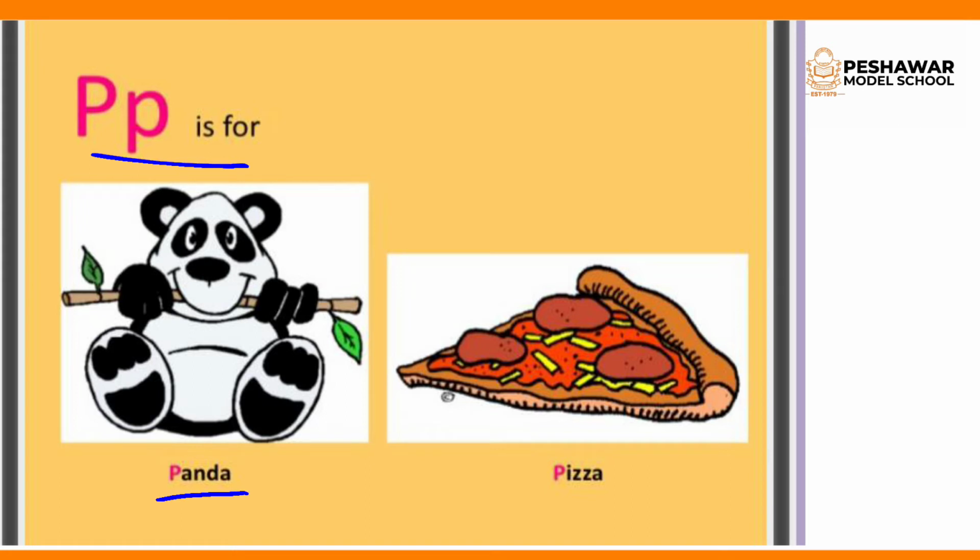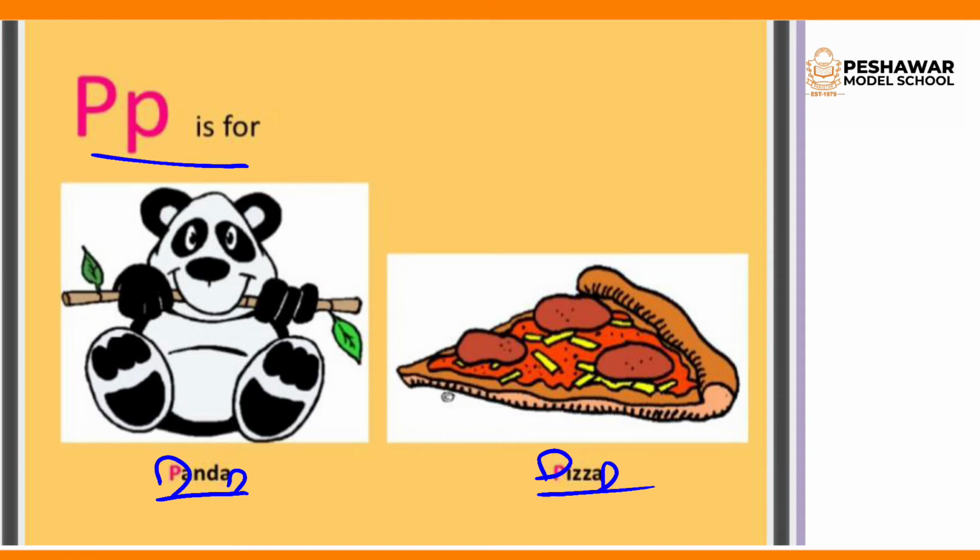In panda, the initial sound is P and the final sound is A. If we look at pizza, P-I-Z-Z-A, the initial sound is P and the final sound is A.